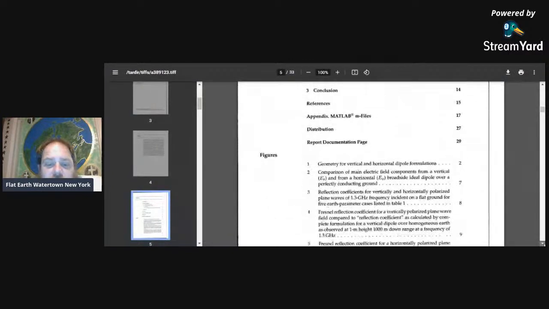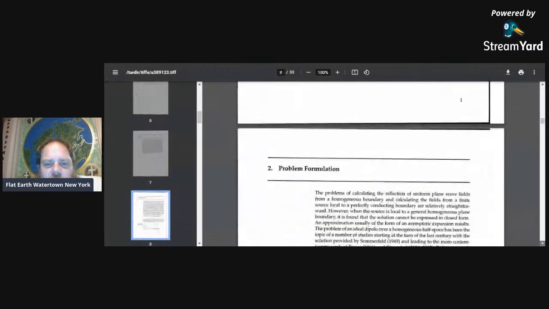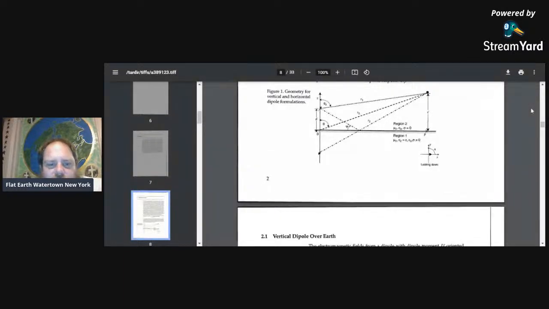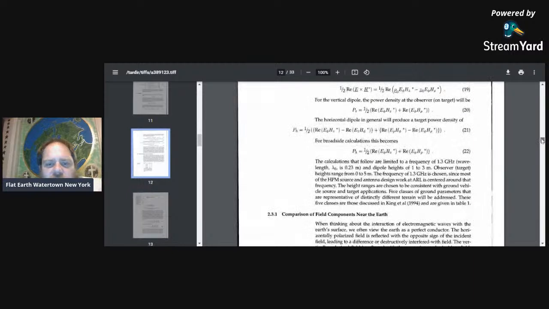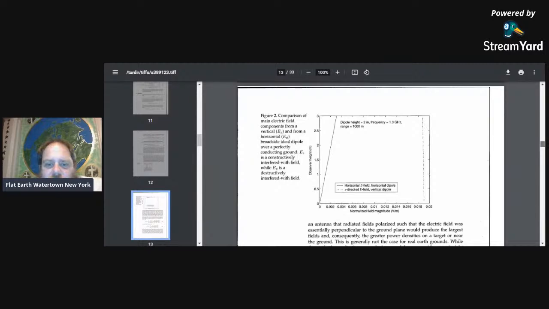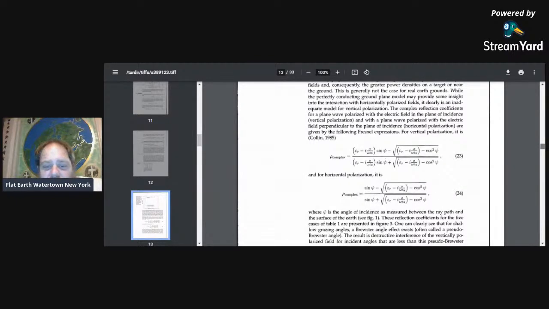I ain't gonna lie to you. There's math, and I'll show you the math. Let's talk about this Figure 1 first. This horizontal line represents Earth. Now this is about the frequencies and the different linear waves that they have. Again, I'll be honest with you, some of this stuff I'm not really quite sure.